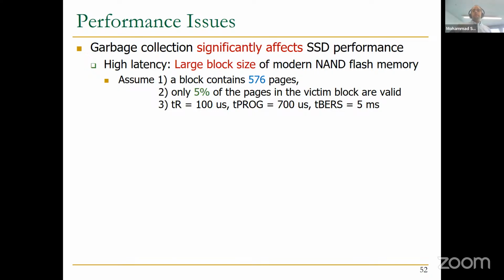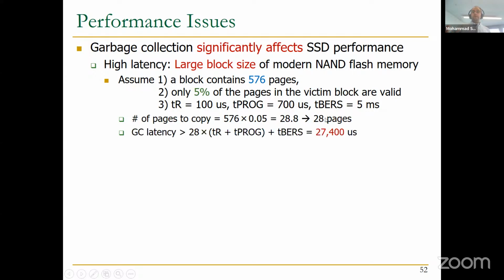Assume the block contains 576 pages, and only 5% of the pages in the victim block are valid. 5% is not that large, but even with this low percentage, we need to copy 28 pages.